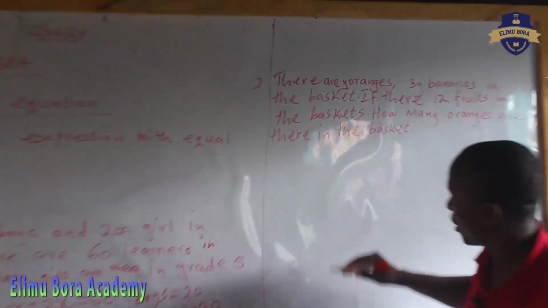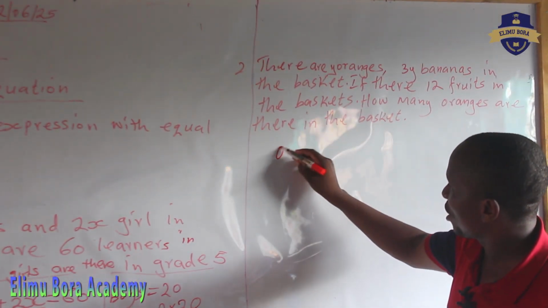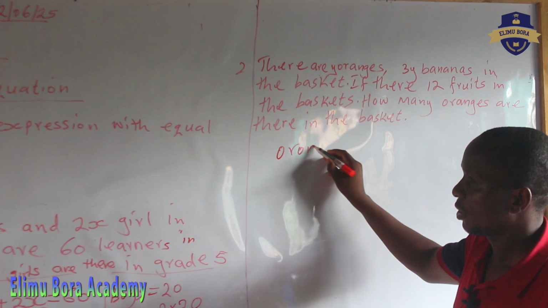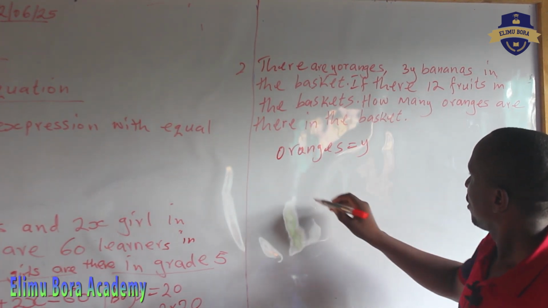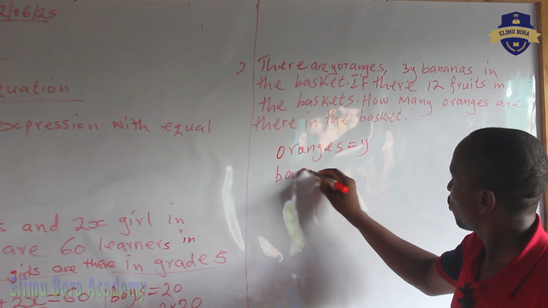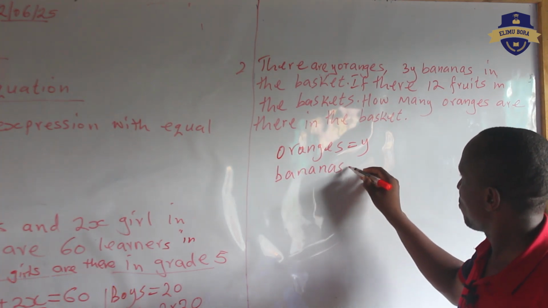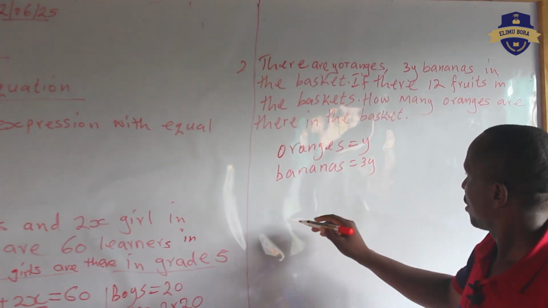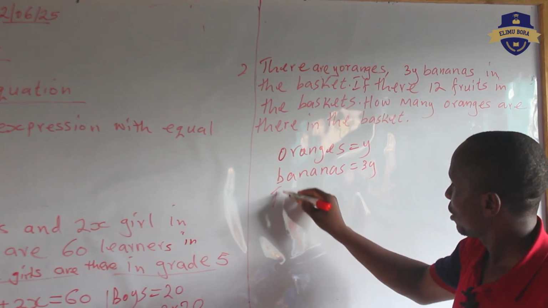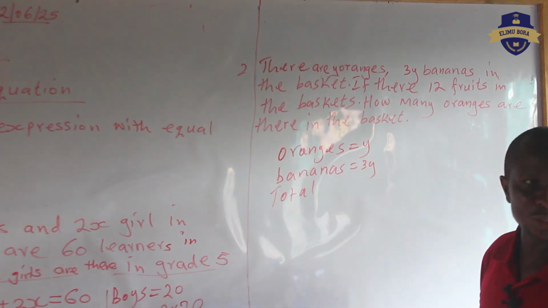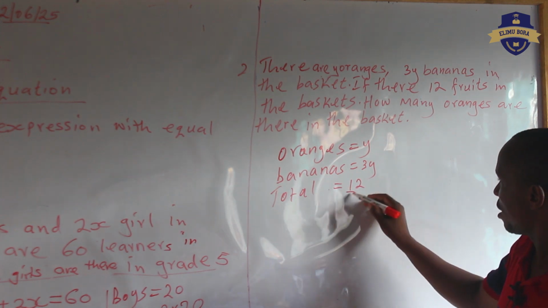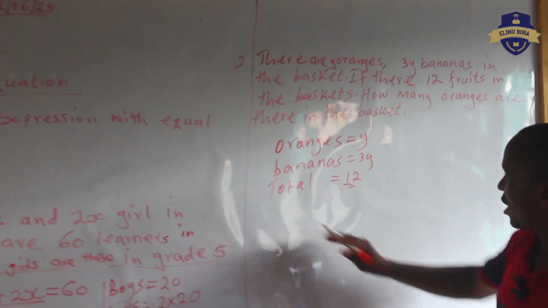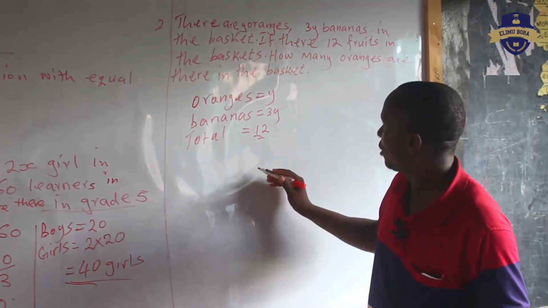How many oranges are there in the basket? So we say oranges, how many oranges? Y. How many bananas? 3y. Then the total? We have 12. Let us form an equation.